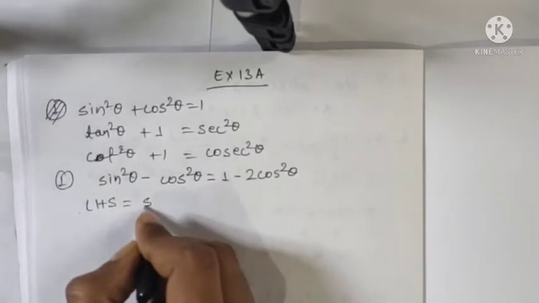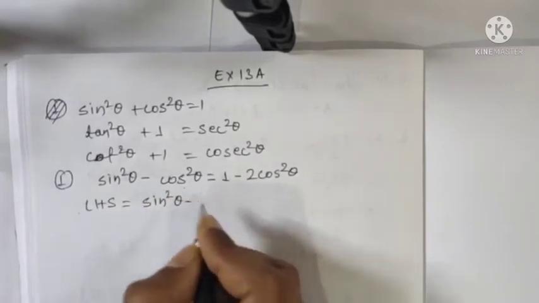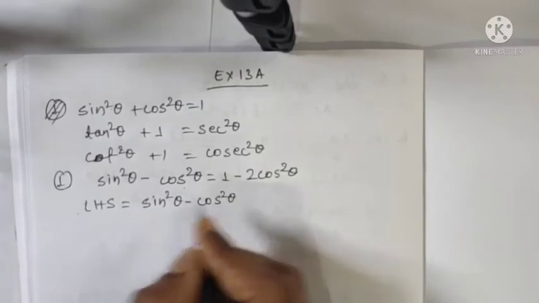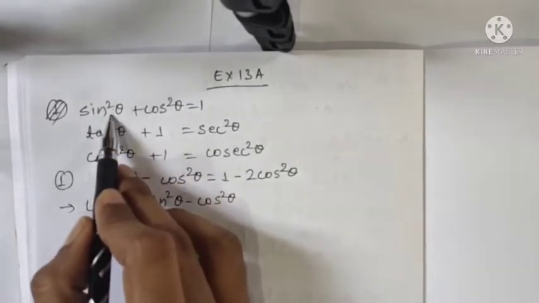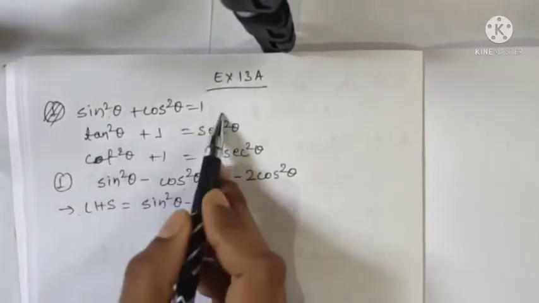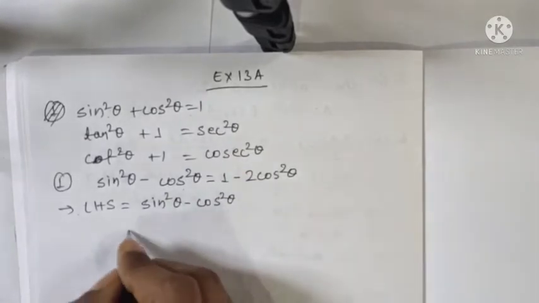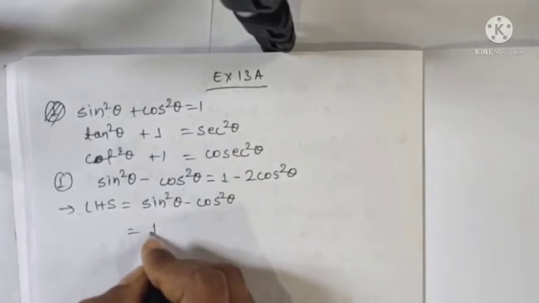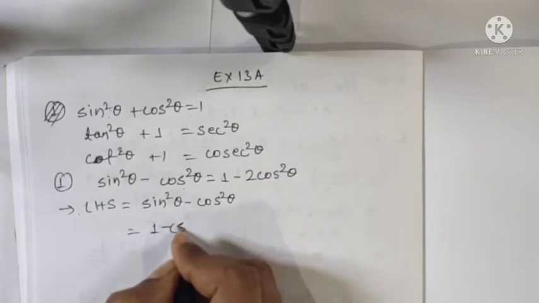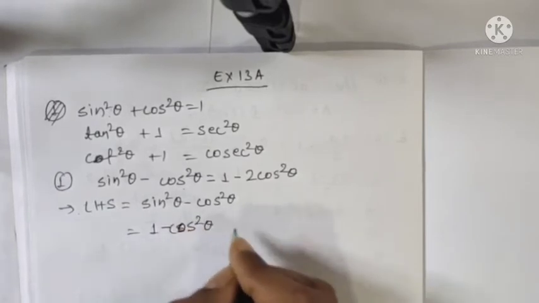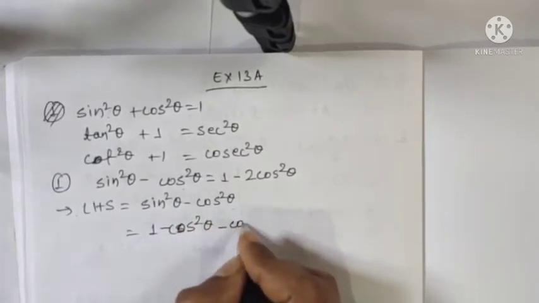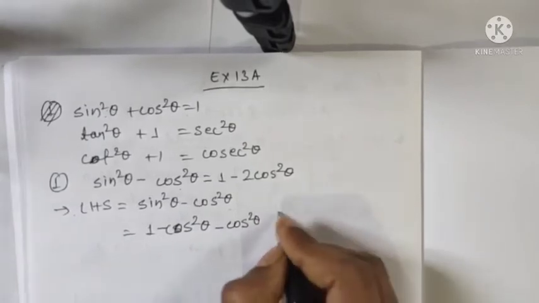LHS is equal to sin square theta minus cos square theta, and as we know that sin square theta will be equal to 1 minus cos square theta, so it will be 1 minus cos square theta, and again this minus cos square theta. Why?